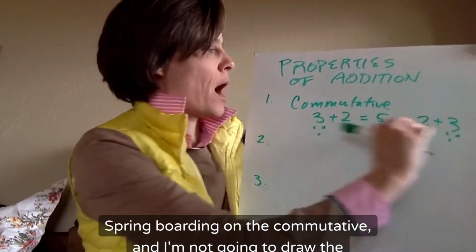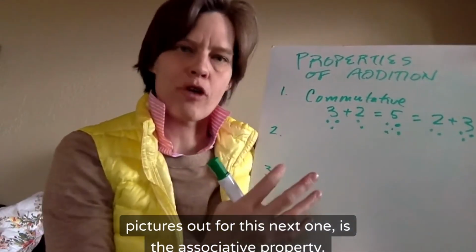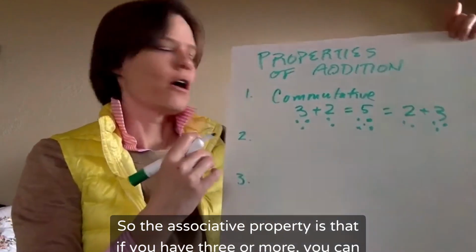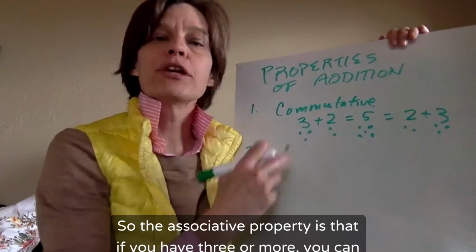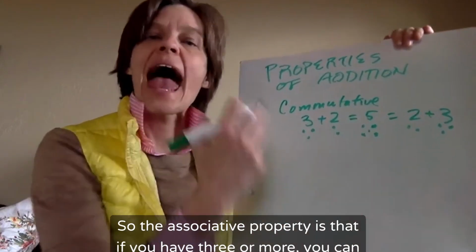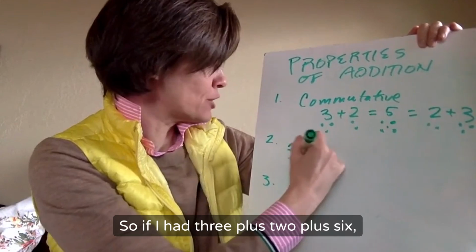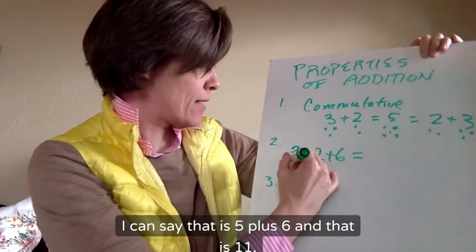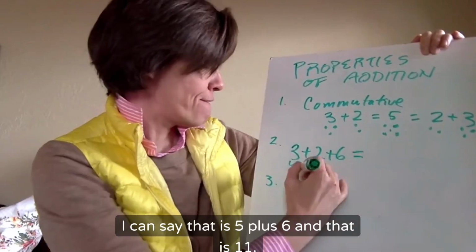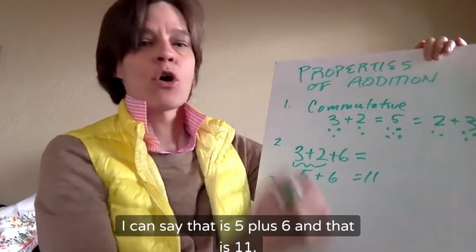Springboarding on the commutative, and I'm not going to draw the pictures out for this next one, is the associative property. The associative property is that if you have 3 or more, you can add them in any order. So if I had 3 plus 2 plus 6, I can say that is 5 plus 6, and that is 11.